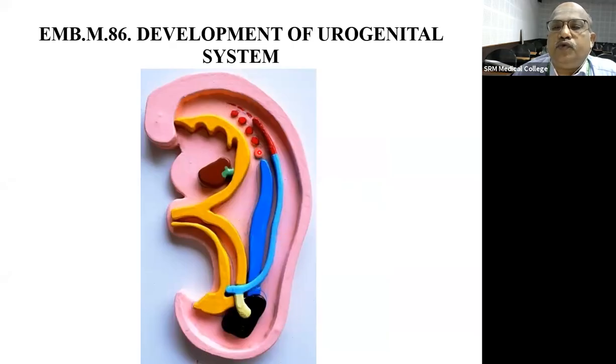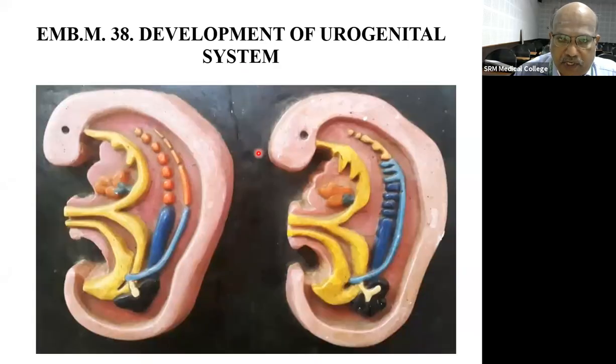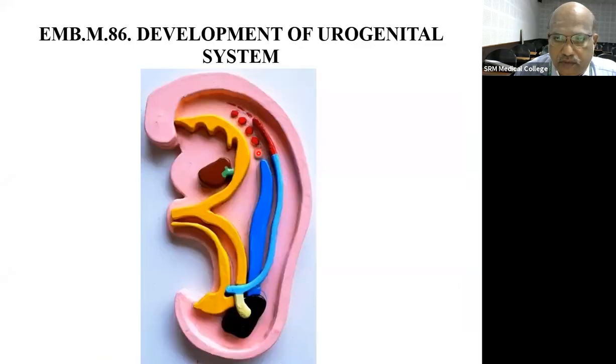So this is your pronephros. What is given in red color is the pronephros. Same model, same thing. Don't get confused. As it is clear, I am demonstrating the pronephros. Next, what is this, Arin? If this is pronephros, what will be the next one?